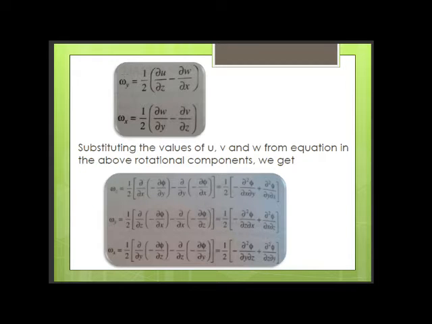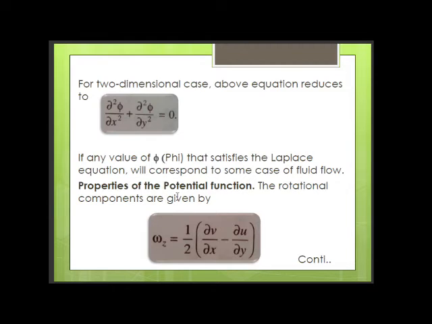Then omega y is equal to 1 upon 2 of dou u by dou z minus dou w by dou x. And in the x direction, omega x is equal to 1 upon 2 of dou w by dou y minus dou v by dou z. These are the equations of the rotational components.